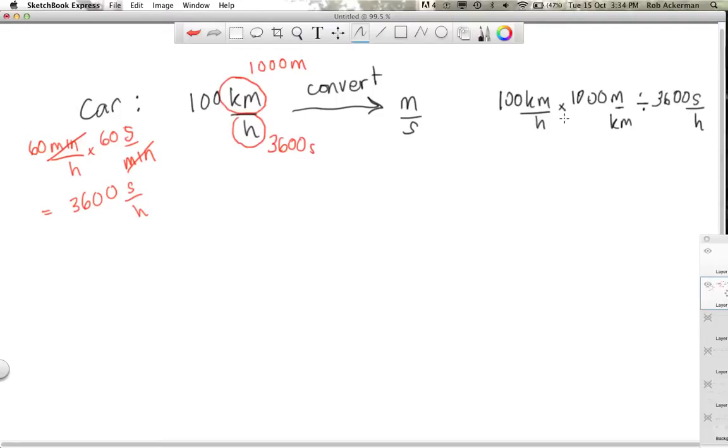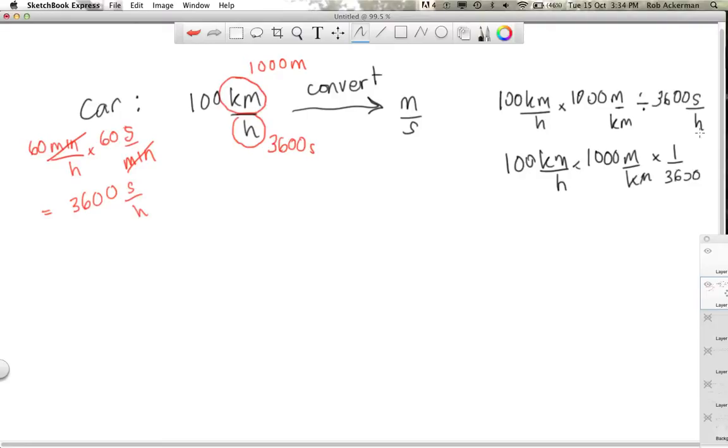Let's see how that's going to work. Remember, when you divide by a fraction, you're supposed to flip the fraction and multiply. So that's 100 kilometers per hour times 1,000 meters per kilometer, and that'll be times 1 over 3,600.